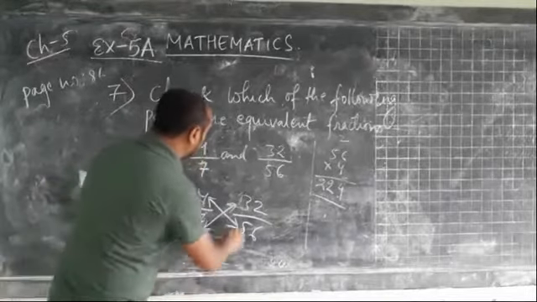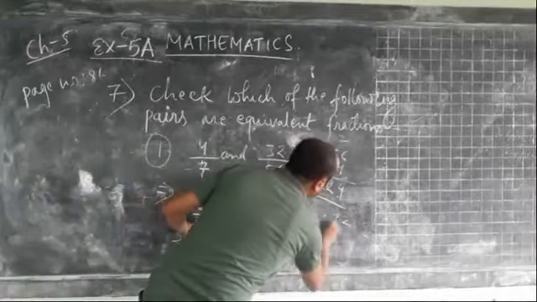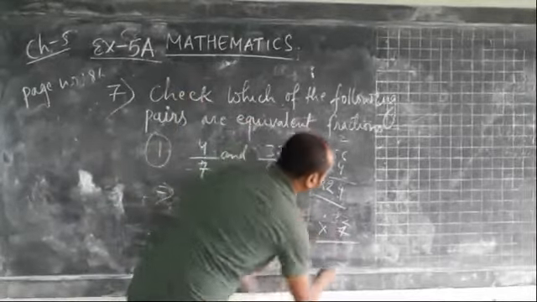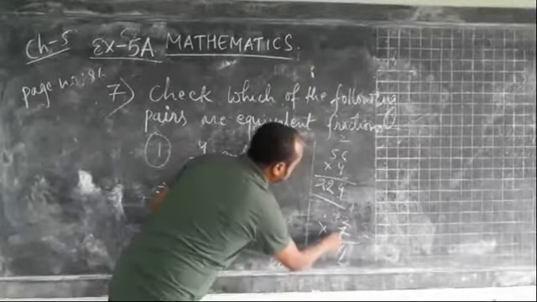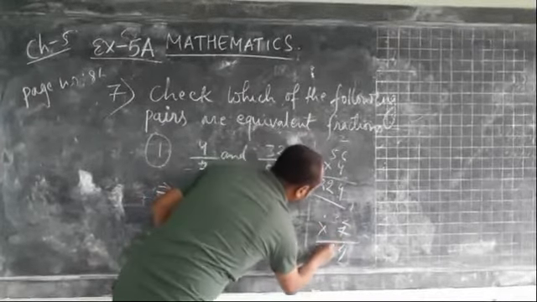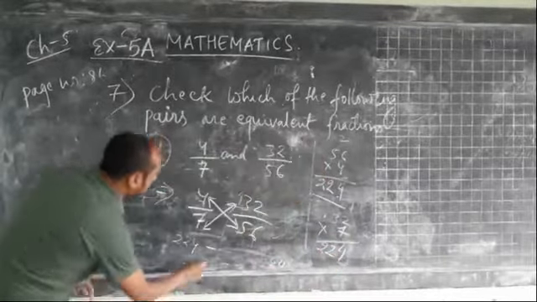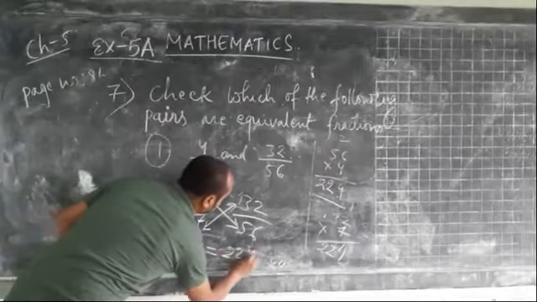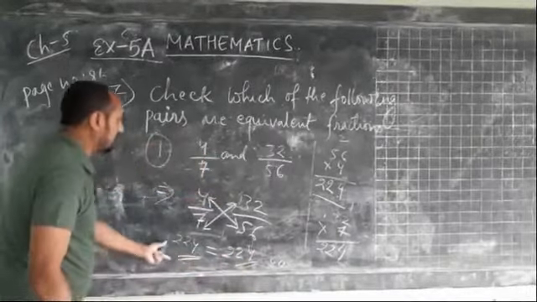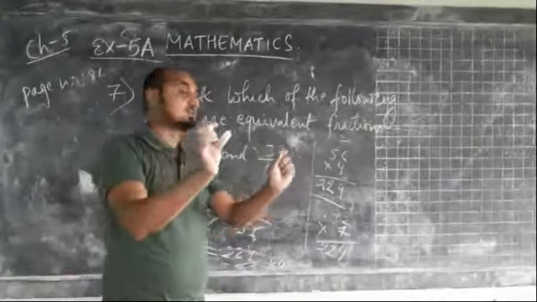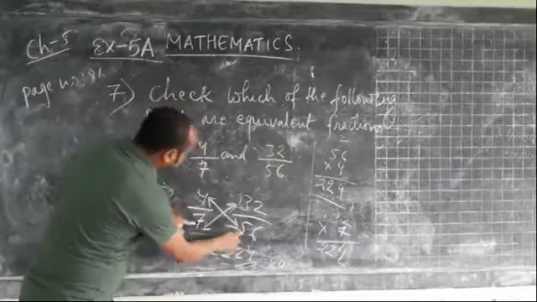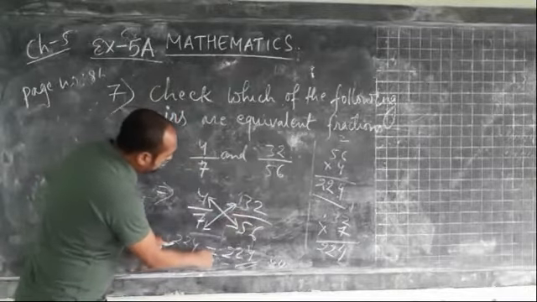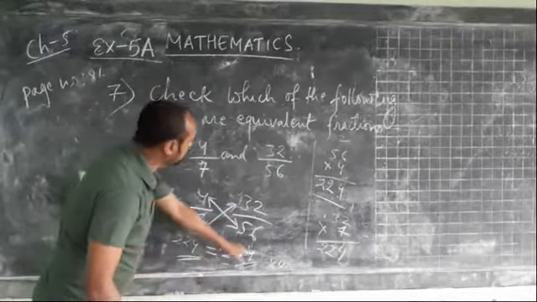And the second one, 32 into 7: 7 twos are 14, write 4 carry 1; 7 threes are 21 plus 1, 22. So in both cases we are getting 224.